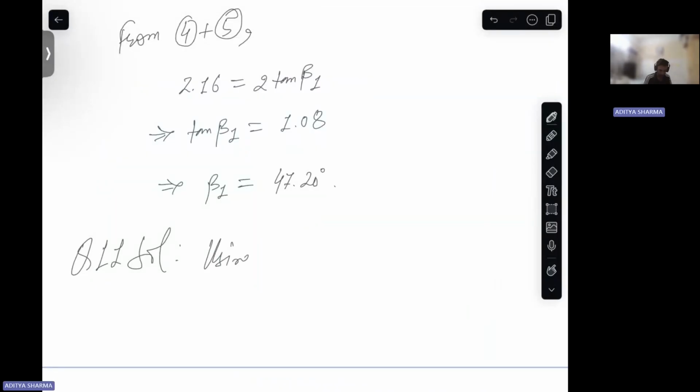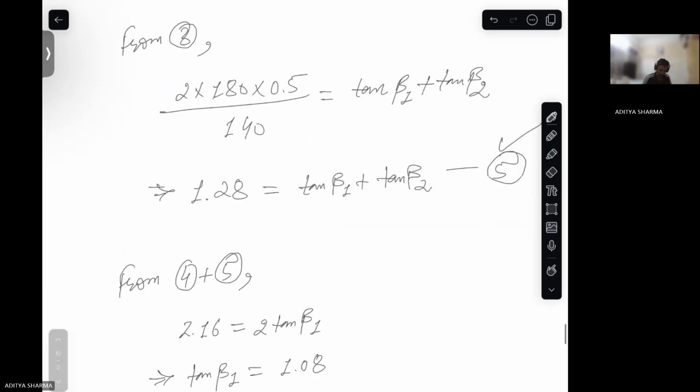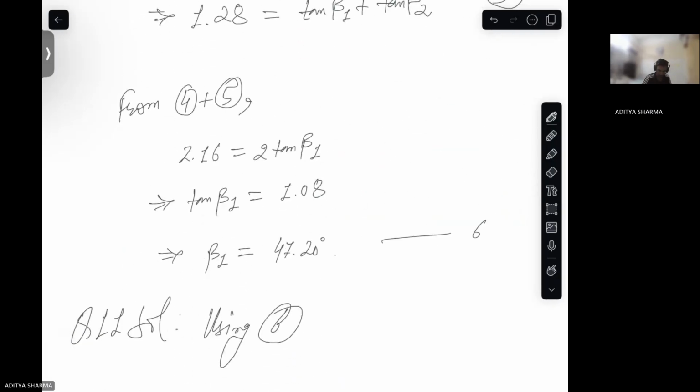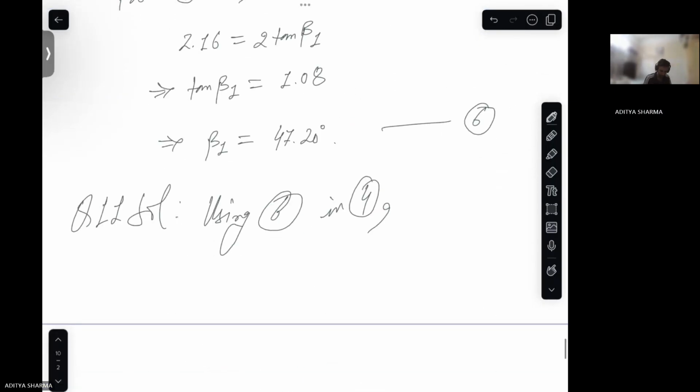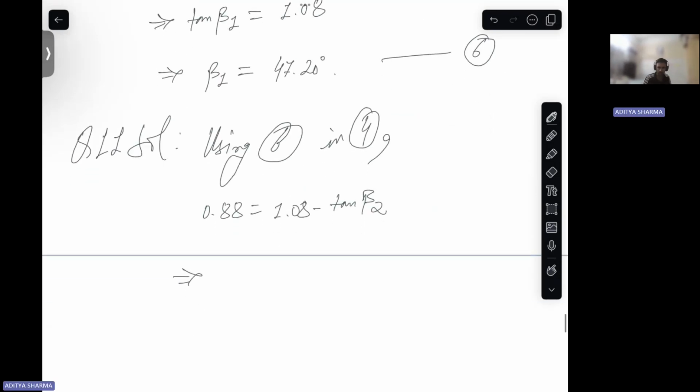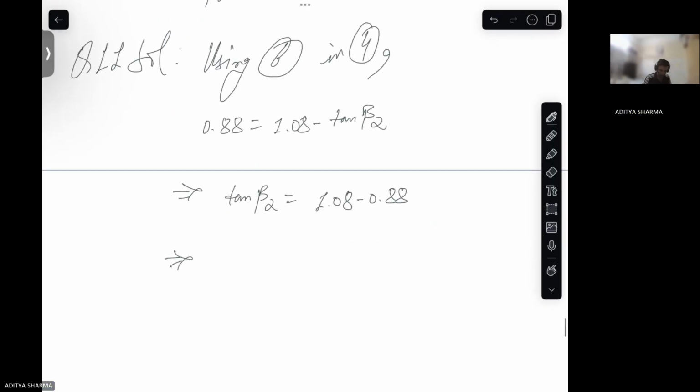So using equation 4, 0.88 is equal to 1.08 minus tan beta 2, which implies tan beta 2 is equal to 1.08 minus 0.88, which implies beta 2 is equal to 11.3 degrees.